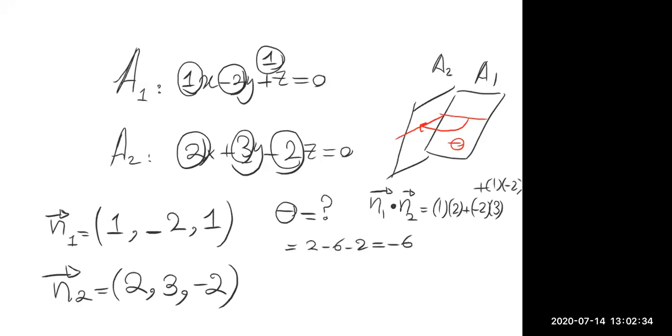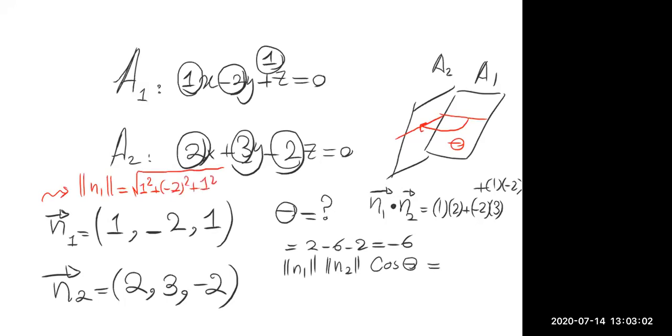But there is another way of computing the inner product, and that's by multiplying the length of N1, the length of N2, and the cosine of the angle between them. What is the length of N1? The length of N1 is the square root of the sum of the squares of its components. So it would be 1 squared plus minus 2 squared plus 1 squared, which is equal to square root of 6.